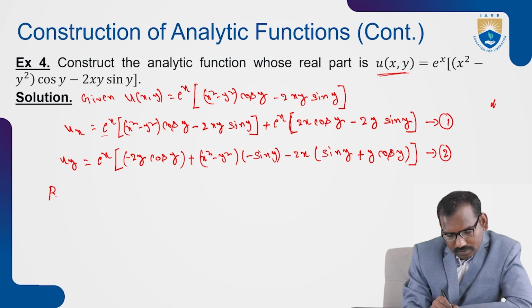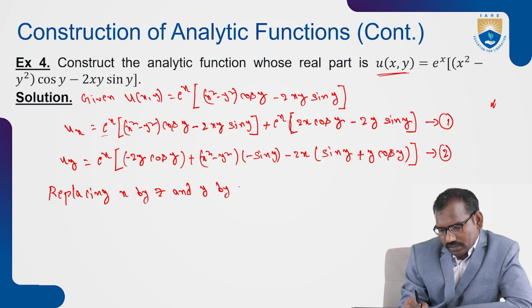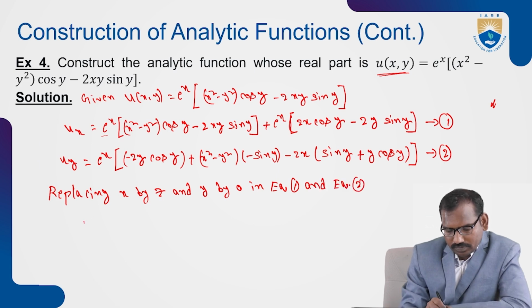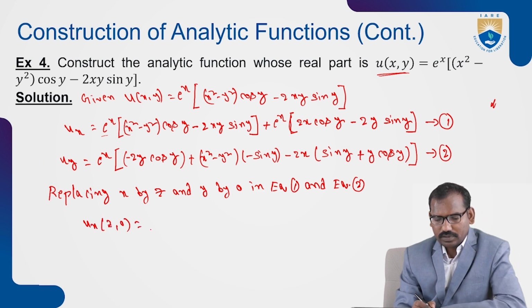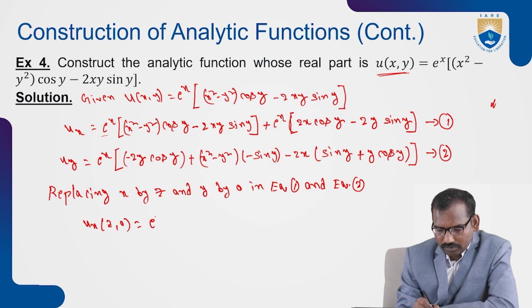Replacing x by z and y by 0 in equation 1 and equation 2, we get ux of z comma 0. Okay, so y is 0 this time. You keep observing this term. So you will have e power z. Next it is z square.